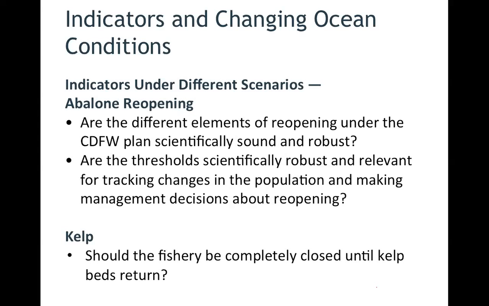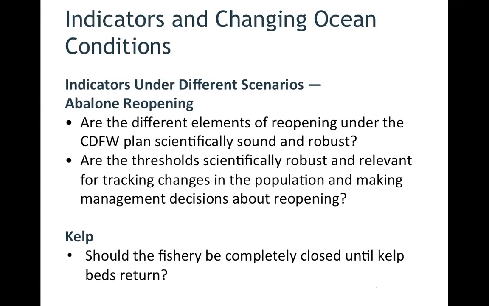So another bucket of questions that we had, which I think was mentioned earlier as well, were around indicators under different scenarios and how each of the strategies are thinking about reopening. Some of the questions we received were: are the different elements of reopening under the department plan scientifically sound and robust?